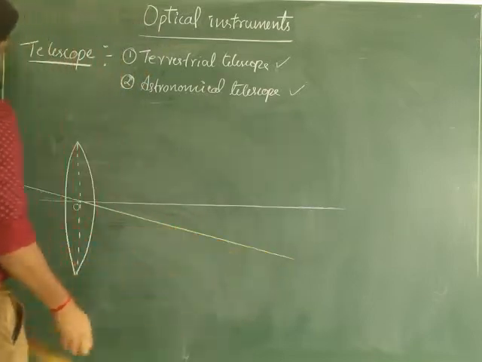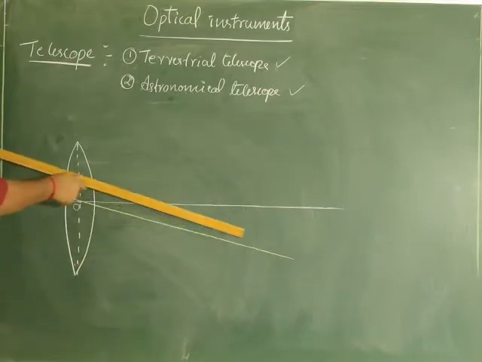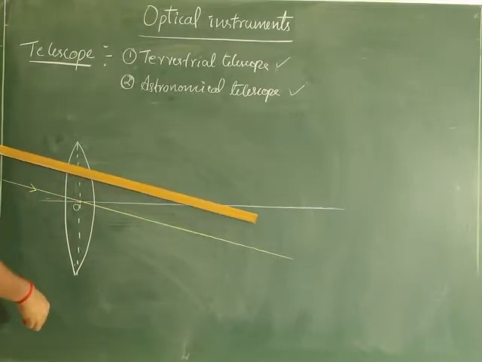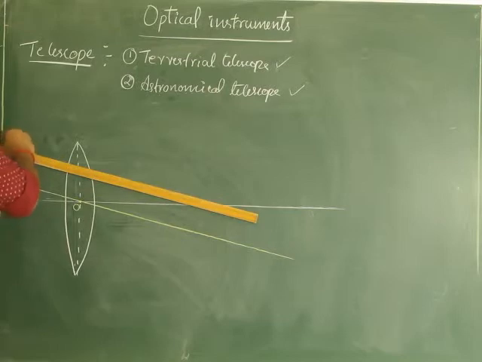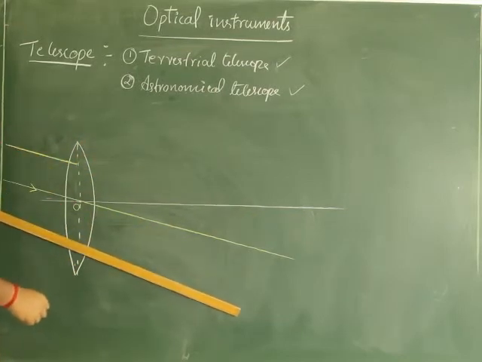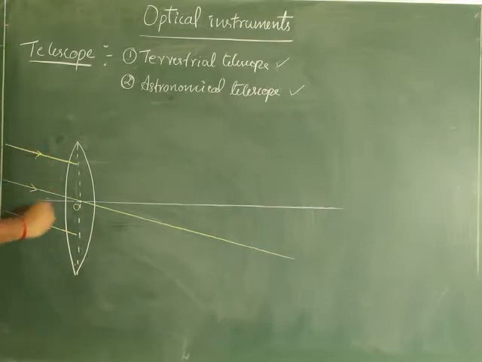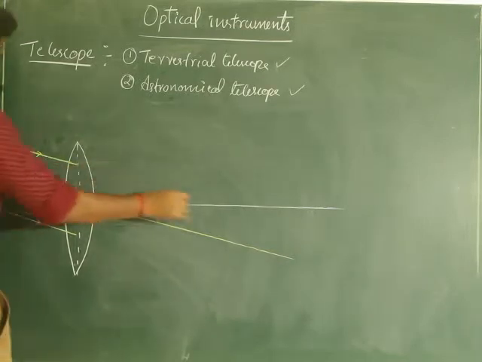A ray of light passes like this. Parallel to this, I will take two more rays like this. From infinity, we are getting rays of light like this. Now you can make out that a ray of light which passes through the optic center, we know, will pass through undeviated. But the rest of the parallel rays won't go straight.